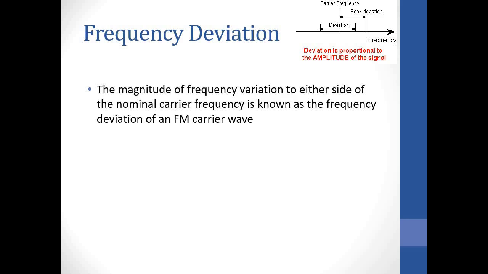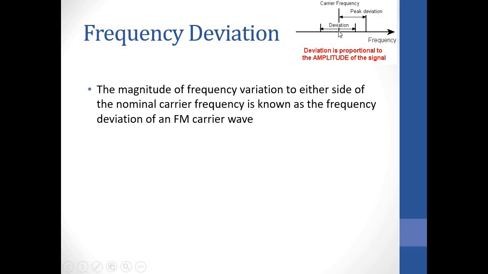We looked at that example with the rectangular square wave, whereby the frequency varied from 3 megahertz to 4 megahertz to 5 megahertz, or 3 megahertz to 2 megahertz to 1 megahertz. That change from 3 megahertz to 5 megahertz, for example, is called deviation. The variation from 3 megahertz to 1 megahertz is also called a deviation. So this is the magnitude of frequency deviation.